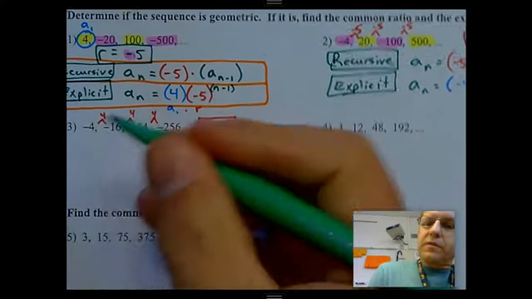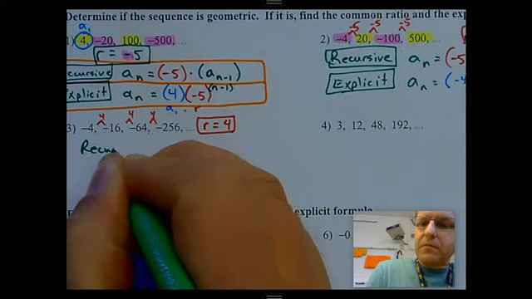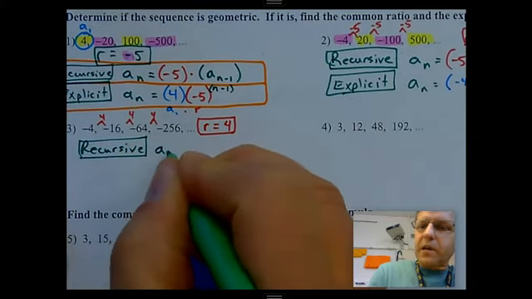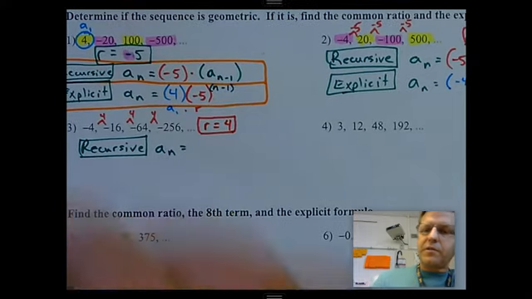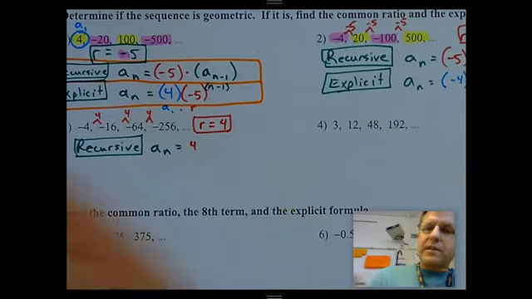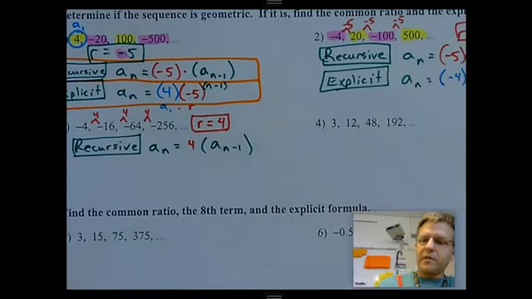So the recursive formula a sub n is equal to 4 times a sub n minus 1.